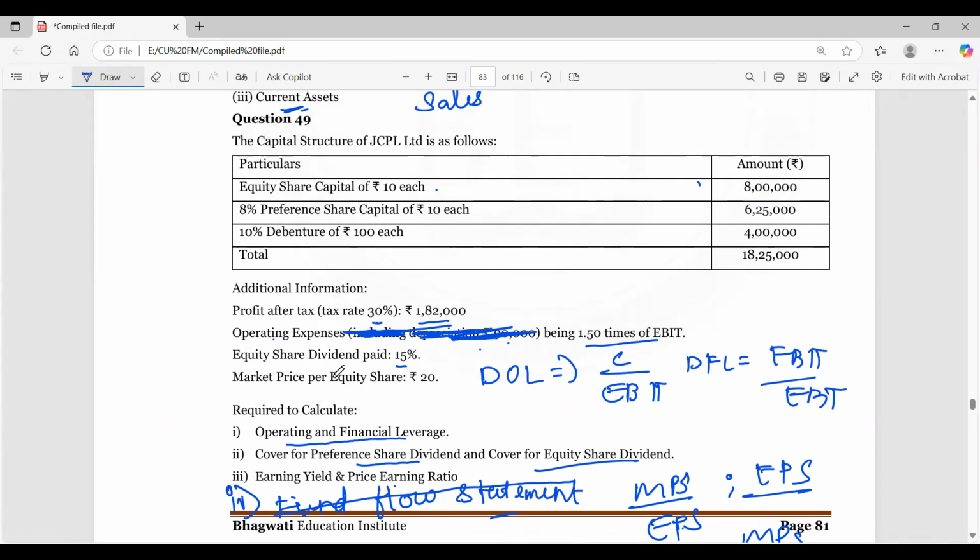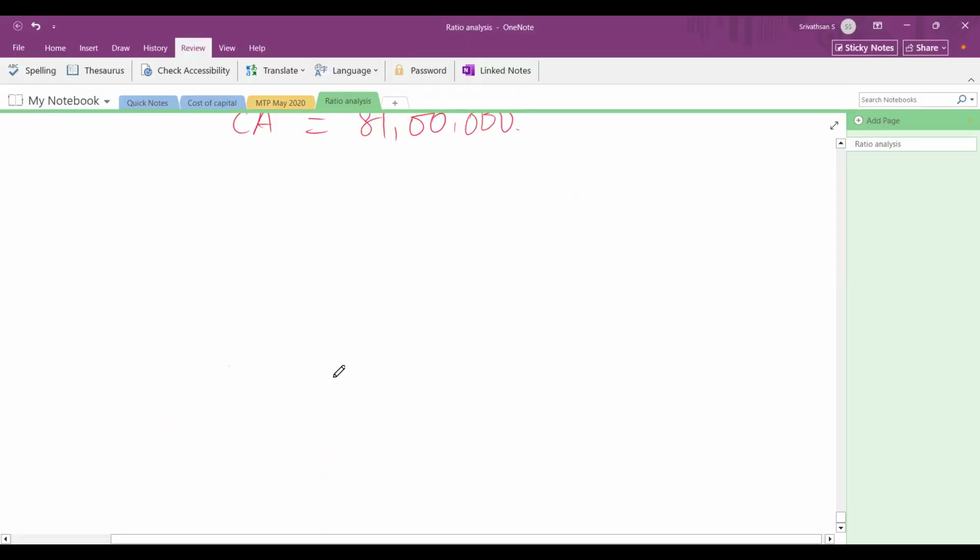EBIT plus operating expenses is contribution, assuming all operating expenses are fixed. Got it? You understood or no? So let's do this question. We have to do the reverse calculation only. But ignore depreciation. That is irrelevant for this question.